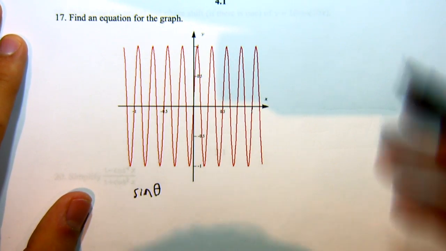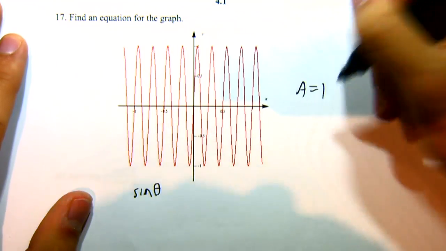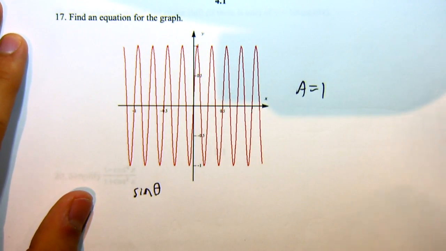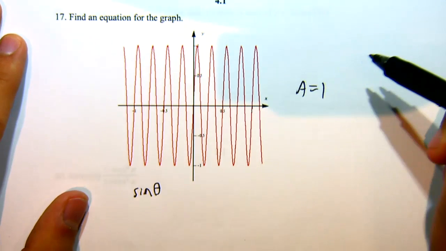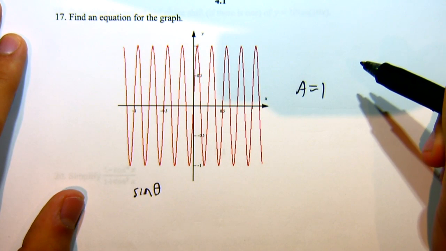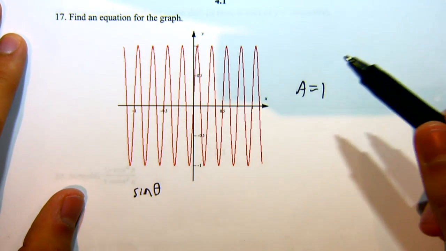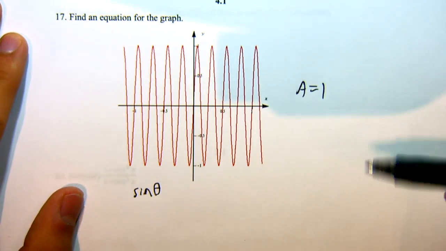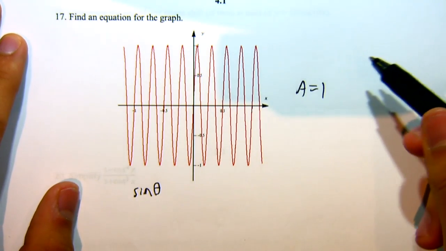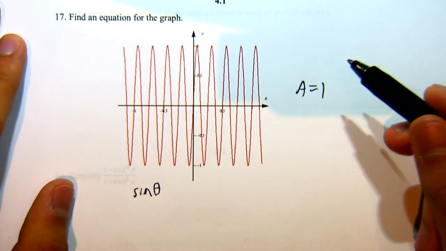One? All right, excellent. So amplitude equals 1. And is there any phase shift? No phase shift seen? Okay. Is the period modified? Yeah? I heard yes. All right.